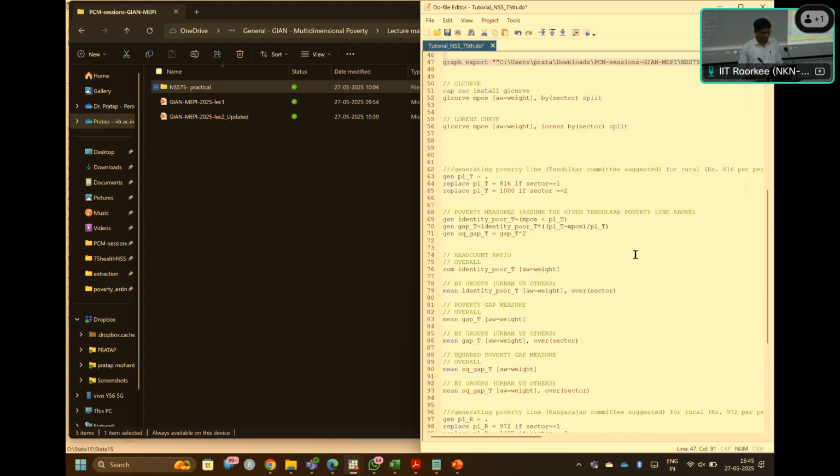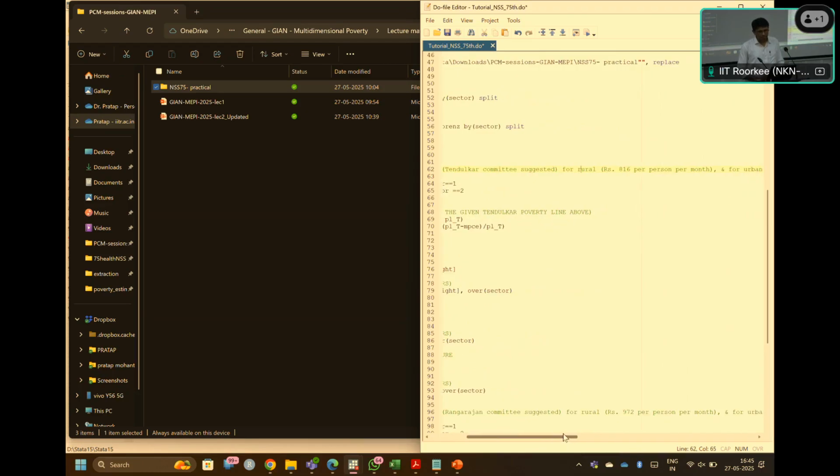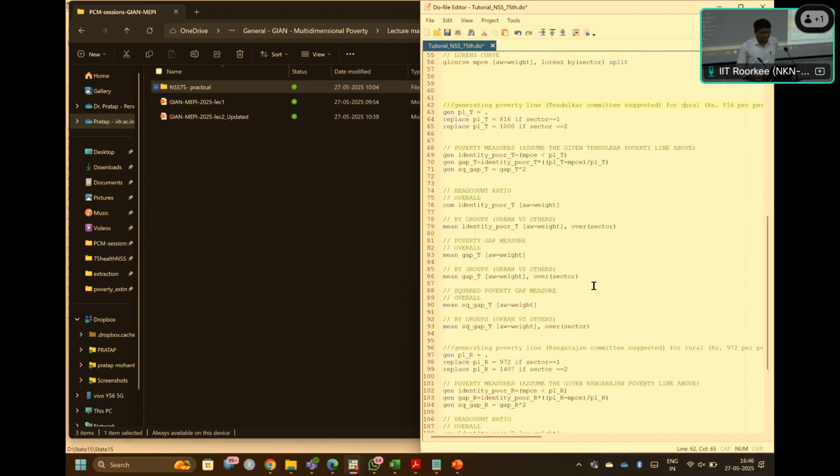So these are the two files that were mentioned, but to calculate these Tendulkar committee suggestions, we have used 815 rupees per capita as the MPCE, 815 per person per month for the rural and 1,000 for the urban as per the suggestions from the committees, and similarly you can also estimate for the Rangarajan committee.